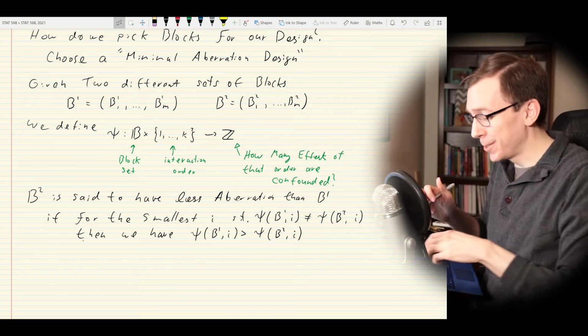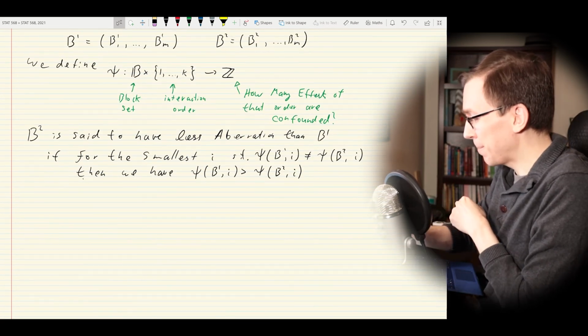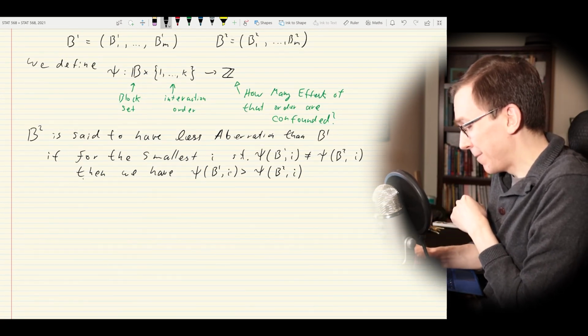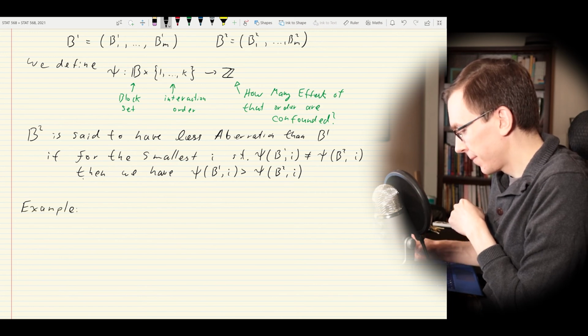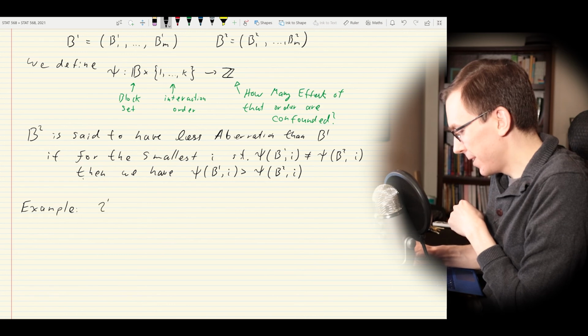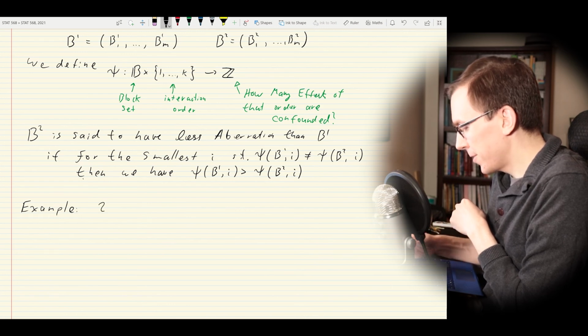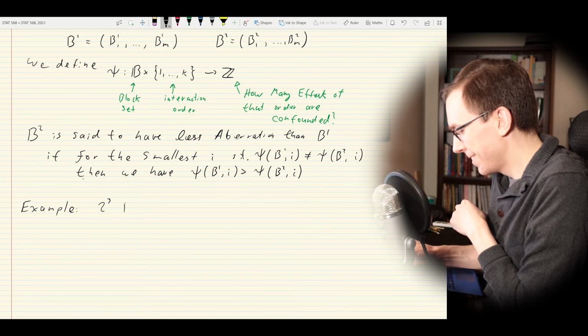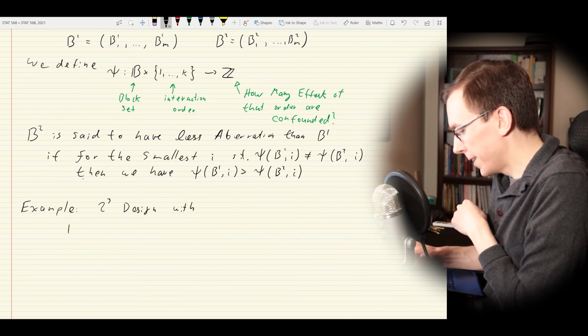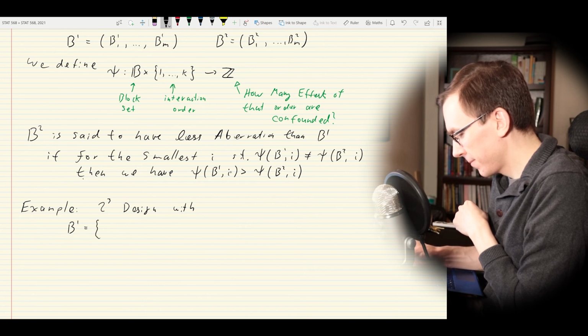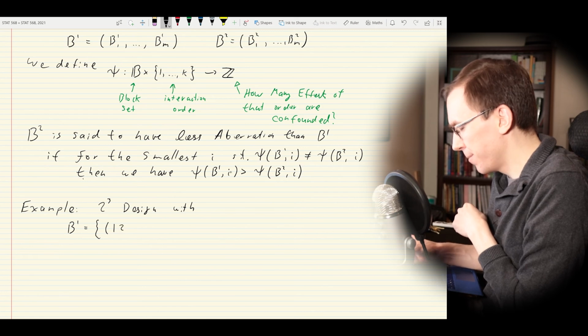Let's do a quick example. Going back to the example that I had above, let's say we have our 2 to the 3 design, with B1 containing the blocks, which one did I use?